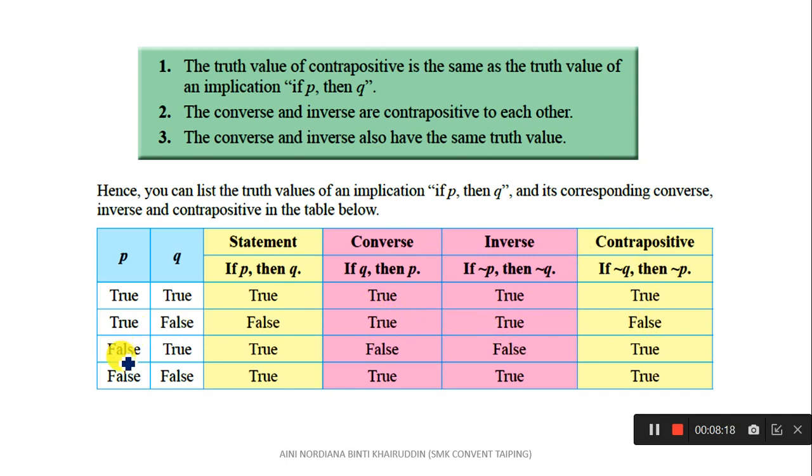If the first statement is false and the second statement is true, then the statement and the contrapositive are true, while the converse and inverse are false. If both P and Q are false, then the statement is true, the contrapositive is also true, while the converse and inverse are also true.